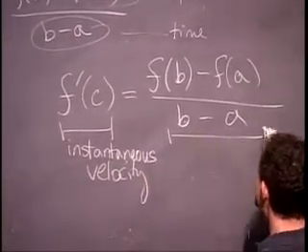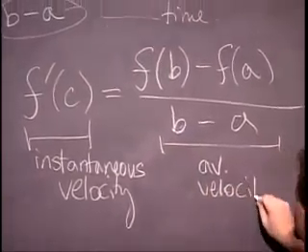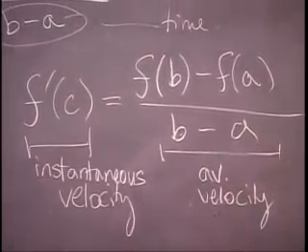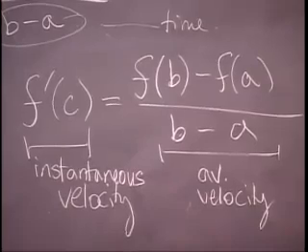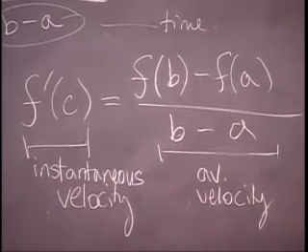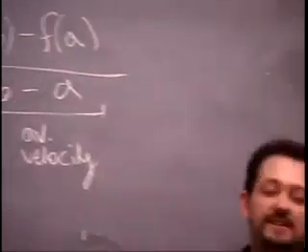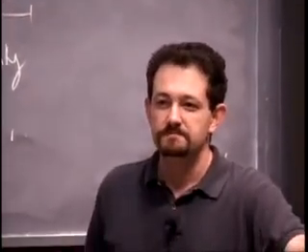And this is the average velocity. So the whole theorem, interpreted this way, says that there is at least one instant where your instantaneous velocity, as in the reading on your speedometer, is equal to your average velocity.